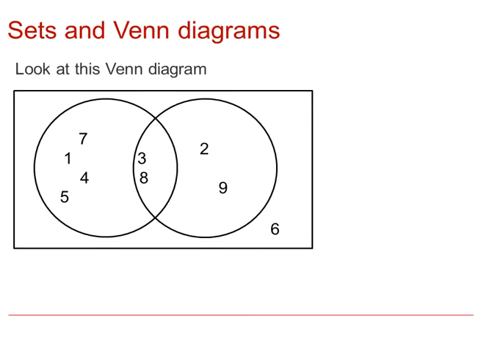If we look at this Venn diagram, we can see that this rectangle box represents everything of the universal set, and this circle might represent anything in the set A and this in the set B. You'll note that the intersection is the overlap here.